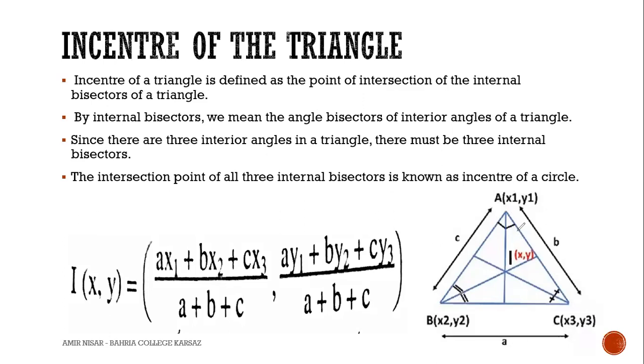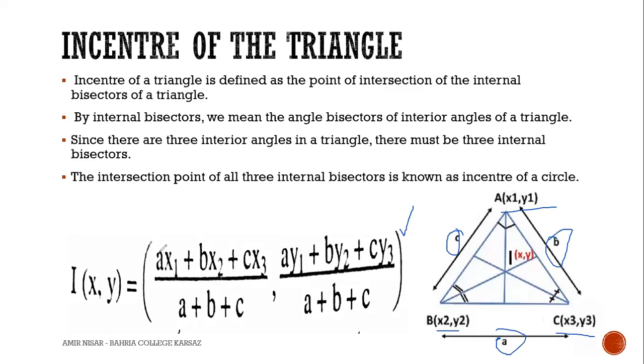There is a triangle ABC, coordinates of A are x1 y1, coordinates of B are x2 y2, coordinates of C are x3 y3. The length of side BC is small a, the length of side AC is small b, the length of side AB is small c. Using this formula, we will be able to find out the coordinates of in center.